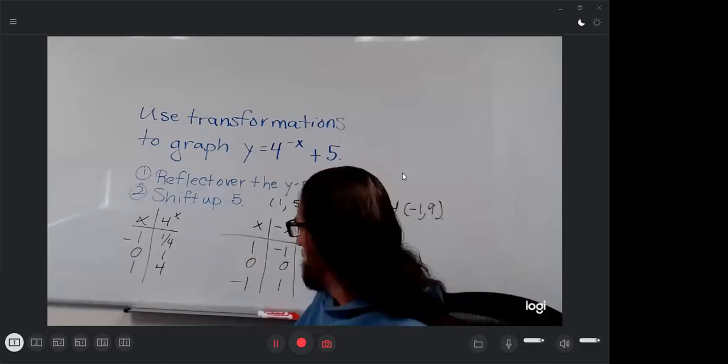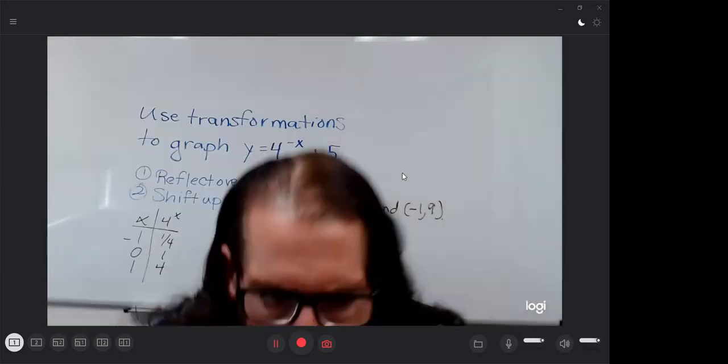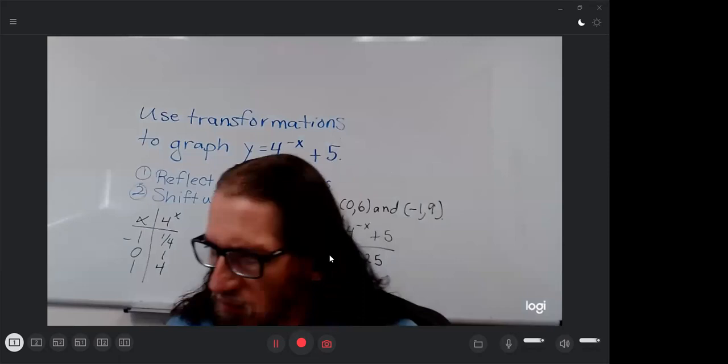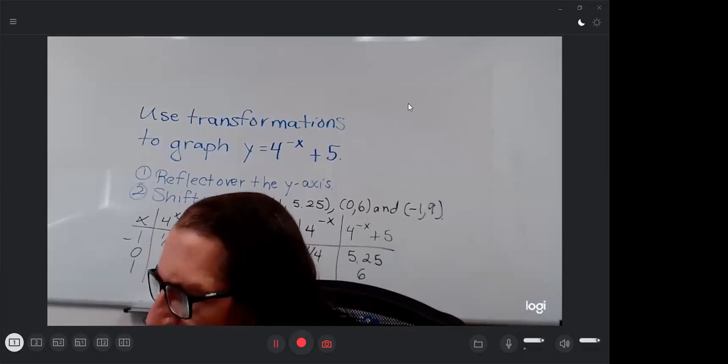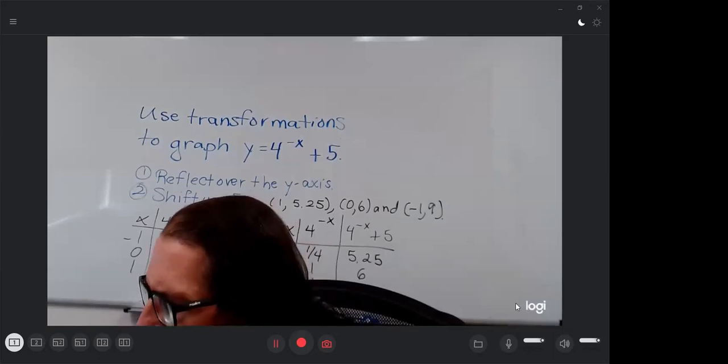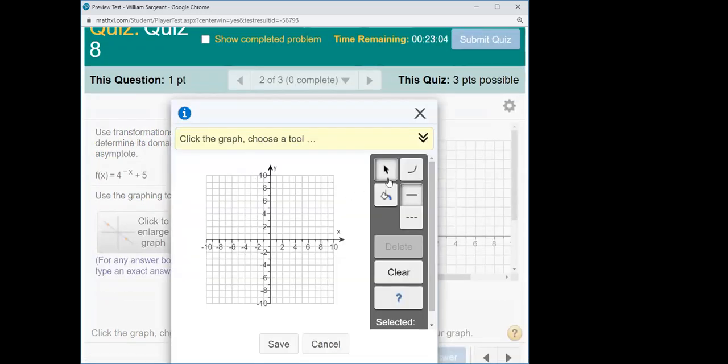However, on this particular question, since it is asking us to use transformations to graph, the setup is a little bit different. We're not going to be able to put in those specific points. So we click to enlarge and select the appropriate tool for graphing an exponential function.